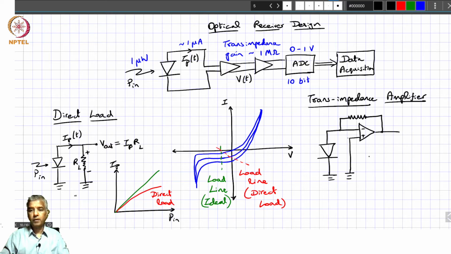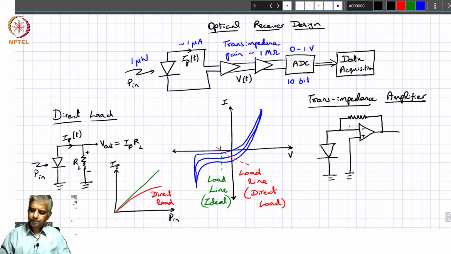If you connect it to the positive, there is a possibility of the circuit becoming unstable, and it can basically become an oscillator with positive feedback. So we typically prefer the negative feedback configuration for something like this.